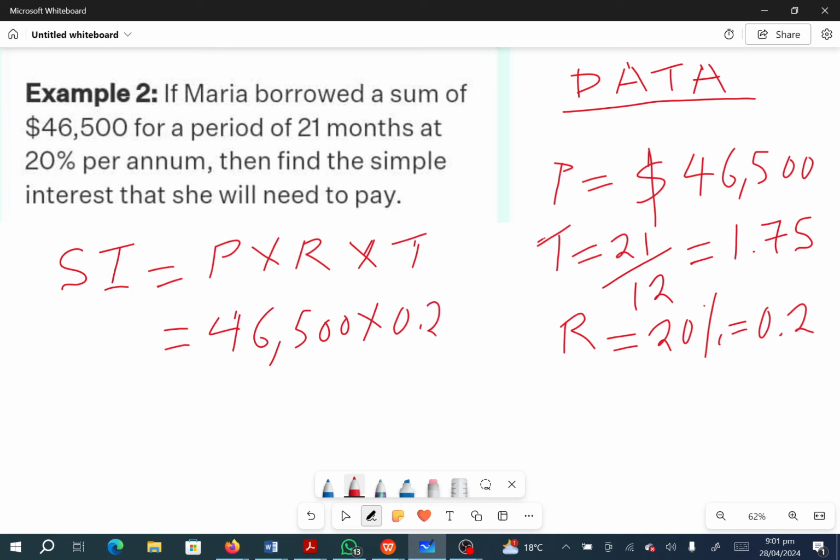And we are saying our rate is at 0.2. Then we are saying that our time is 1.75. So what are we having?